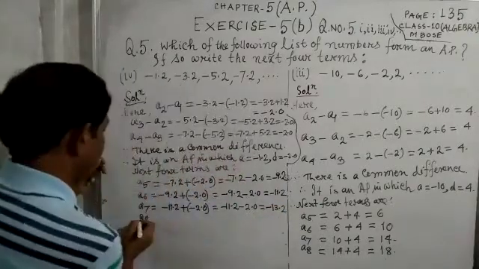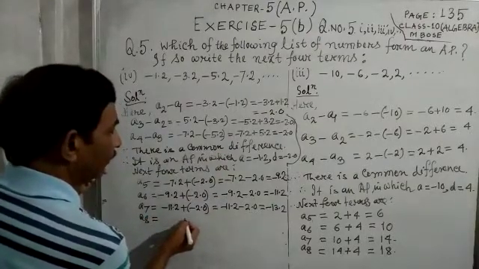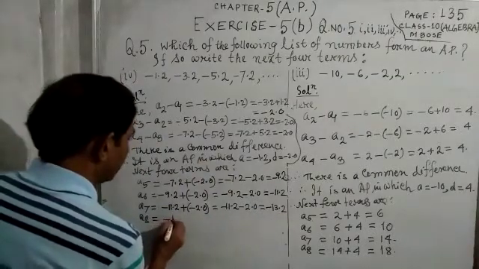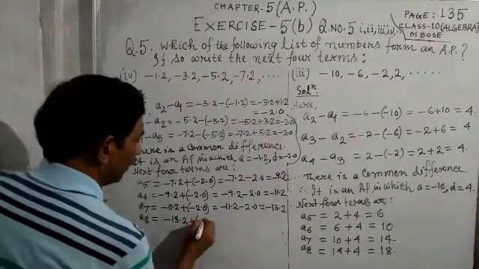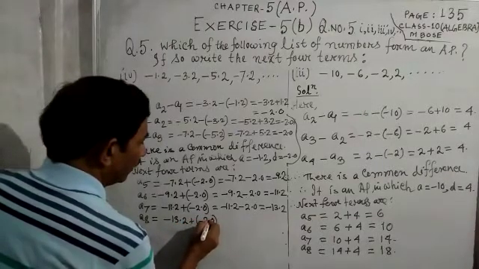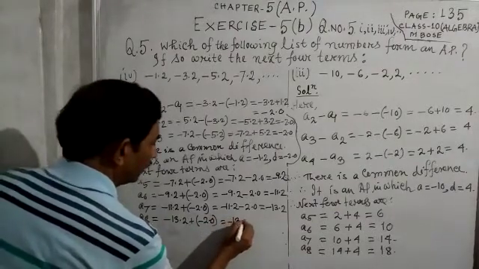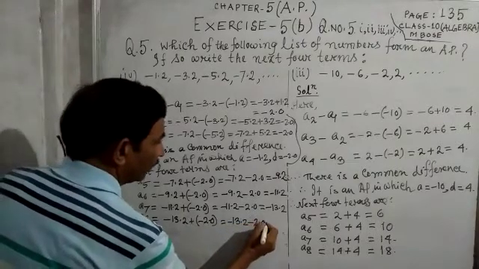And the last, 8th term, A8 is equal to A7 plus D. The value of A7 is minus 13.2, plus D value is minus 2.0.